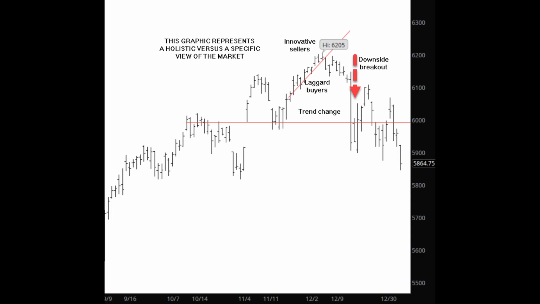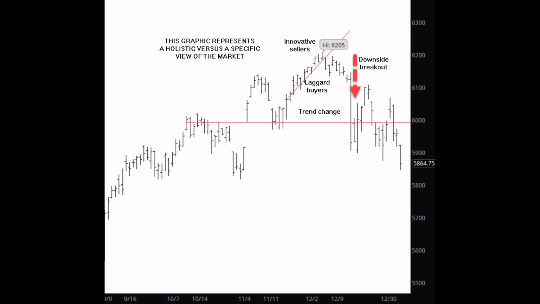Now, the graphic in front of you, you've seen part of it before, but we'll walk through it. You see the innovative sellers took on the laggard buyers. When the market was going on an almost perfect trend line to the upside, no real rotation, that's an indication of the late laggard buyers.